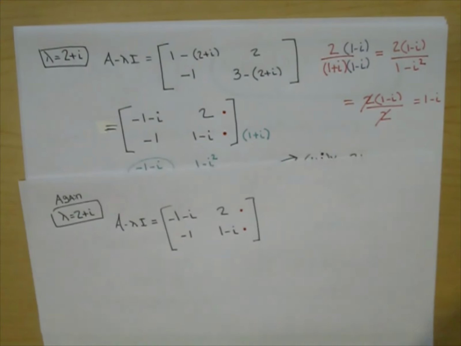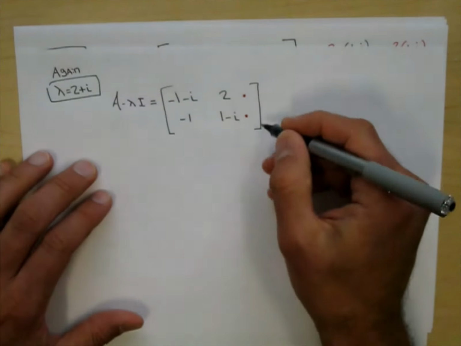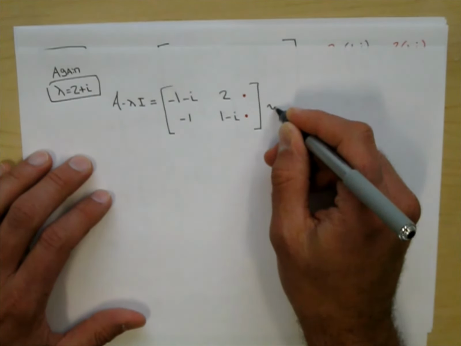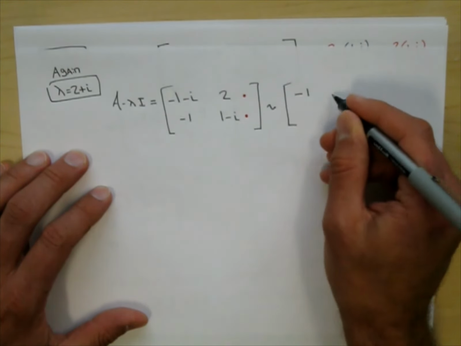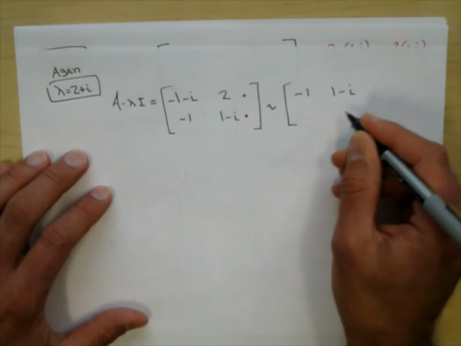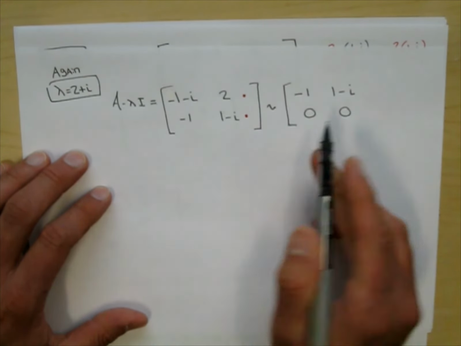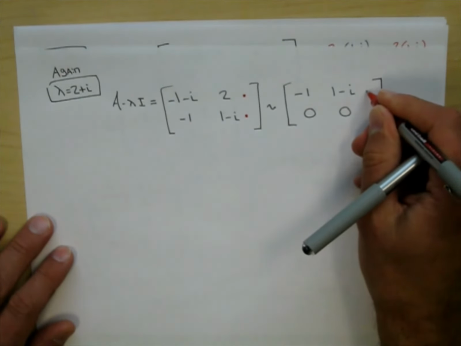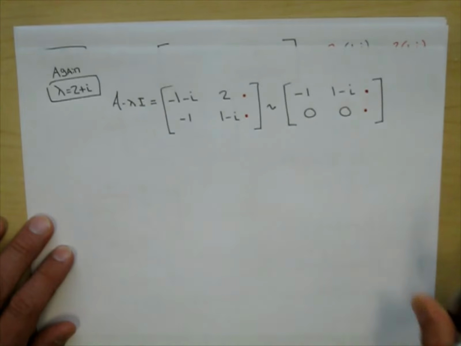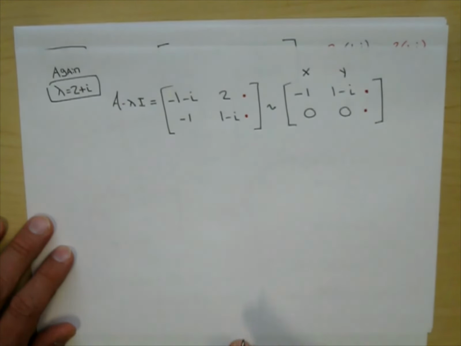So this time, I actually picked the top row before. Now what I want to do is pick the bottom row. And the bottom row is negative 1, 1 minus i. I know those are multiples of each other; I verified that. So I'm going to zero out the top row and then move the bottom row to the top. There's my zeros. Here's x, here's y.